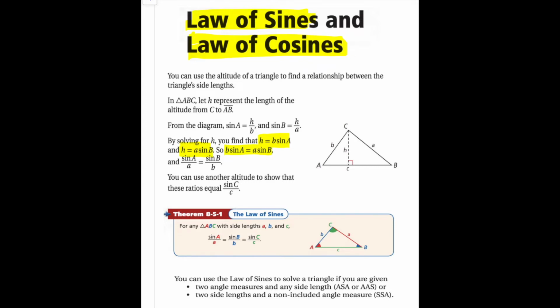Now if you rearrange, you can see sine A over a. So if you take an angle, you take the side opposite to that angle.